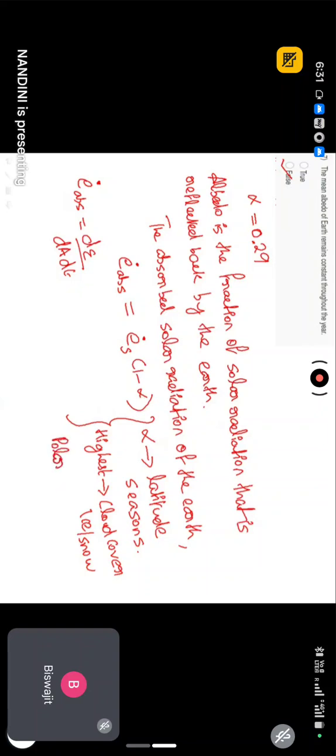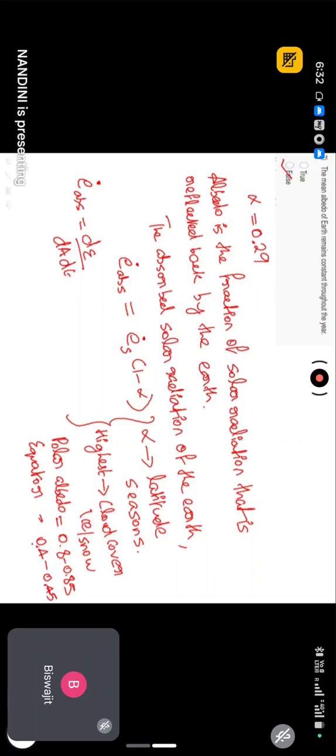polar albedo has values close to 0.8 to 0.85, and over the equator, due to the high cloud cover, the values are 0.4 to 0.45.